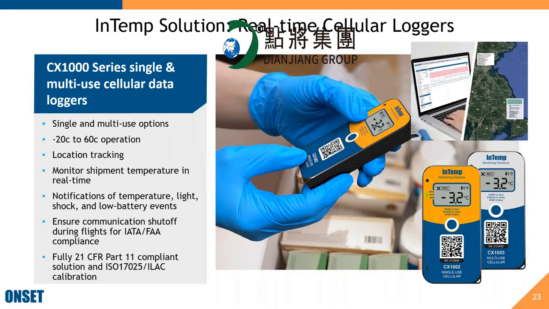Now our cellular loggers. We have the CX1000 series, both single and multi-use options as well. You have an operating range of -20 to 60, so you're still getting the frozen to ambient range there. In addition to temperature, you're also able to monitor location in real time. And it has those light, shock, and low battery events if that's important to you.